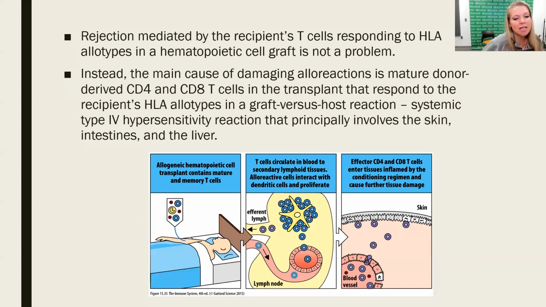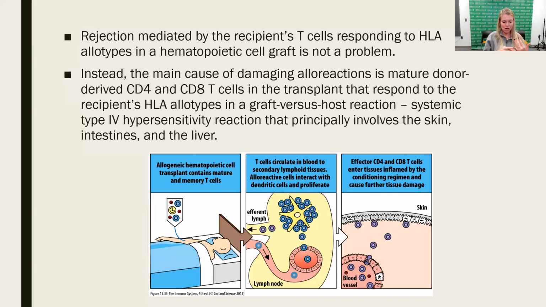The main cause of damaging alloreactions is mature donor-derived CD4 and CD8 T cells in the transplant that will attack the recipient. And so we call that graft versus host. This can look like a type 4 hypersensitivity because we see it involving the skin.